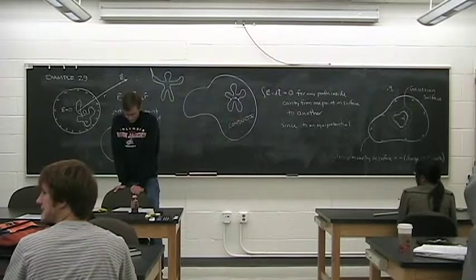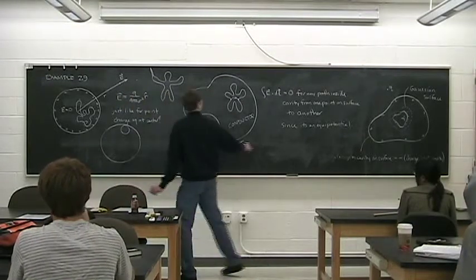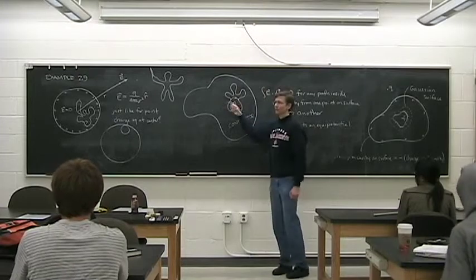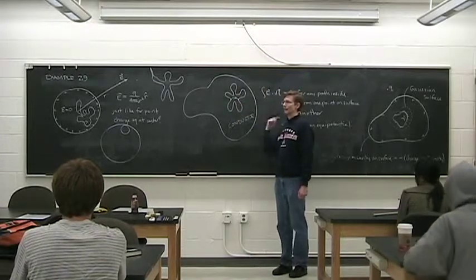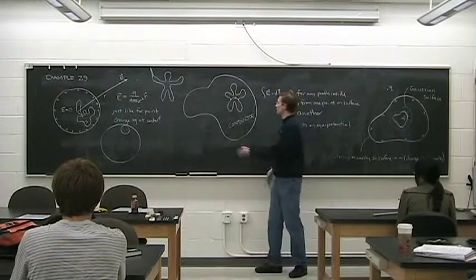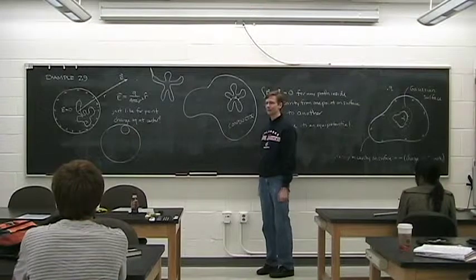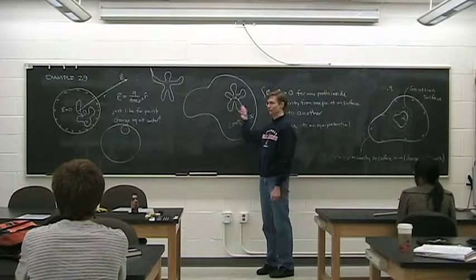So suddenly I'm not happy with this. I was happy with it before. I was going to say the only way this can work is if the electric field is 0 everywhere inside the hollow. But that's not true, because if I put a charge in there, there's no way the electric field is 0 inside that hollow, but it's still true.